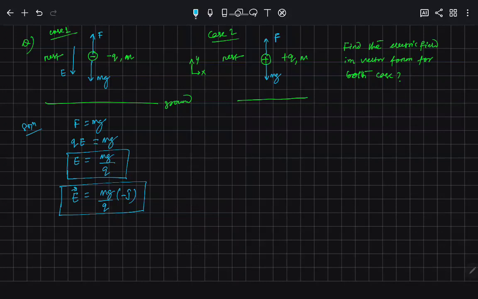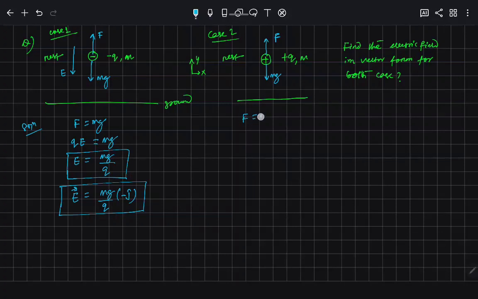Now if this charge is positive, then the force due to a system of charges or point charges is always parallel to the electric field due to those charges. Here the force on this plus q charge due to other charges will be upward, so the electric field also upward.